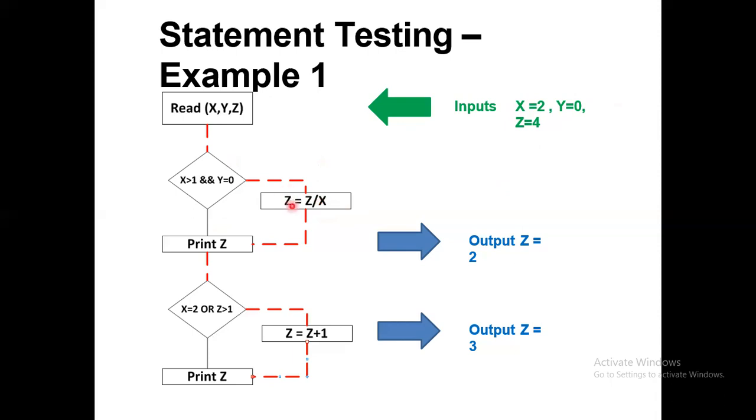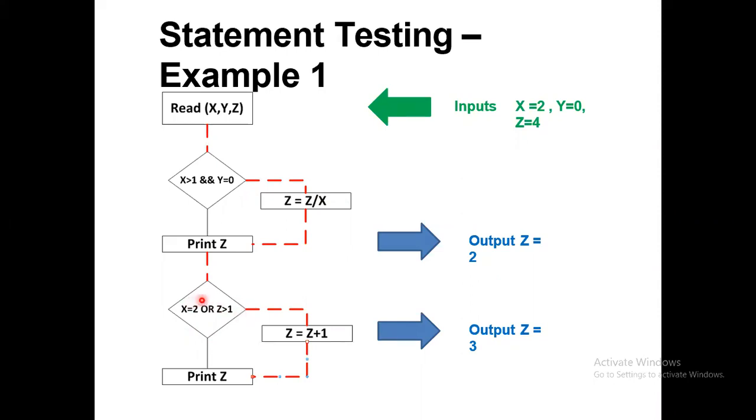Then Z equals Z divided by X. We know X is 2, right? So for the moment, we will just pause and then go to the second decision point. The second decision point is X equals 2 or Z is greater than 1.